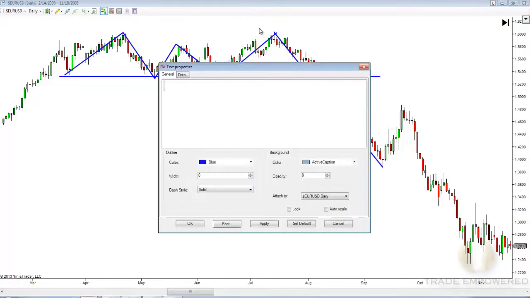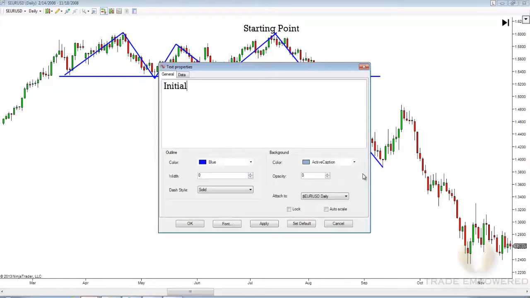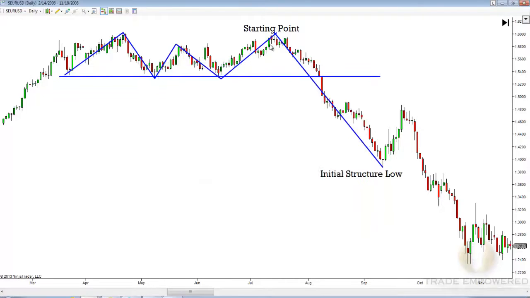So this is going to be our starting point. This is going to end up being our initial structure low. And this move from this swing high to this swing low is going to be called our impulse leg.